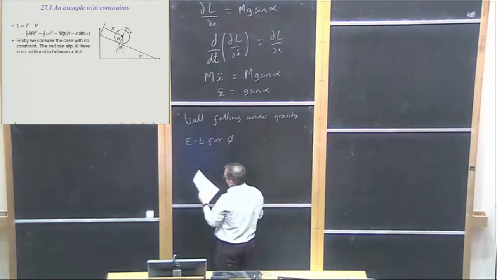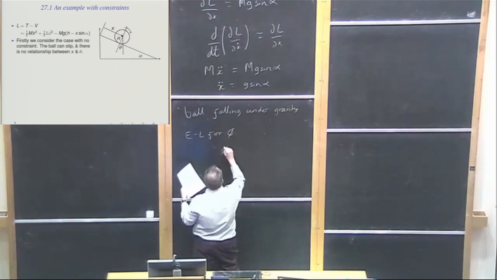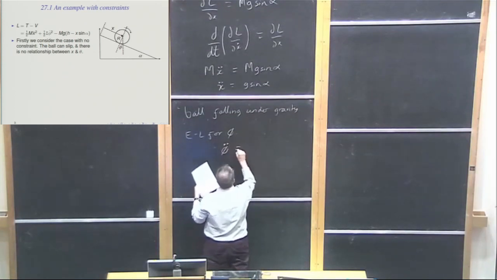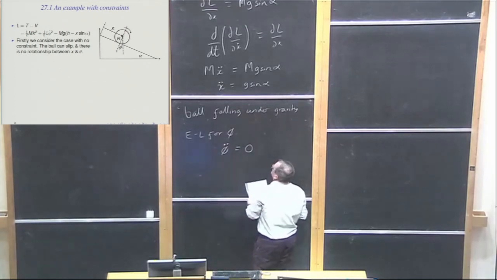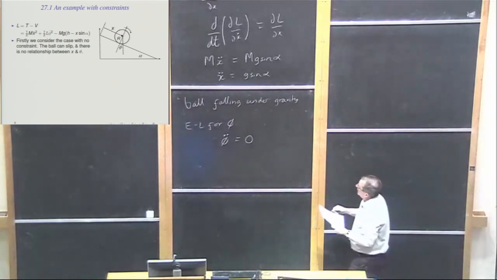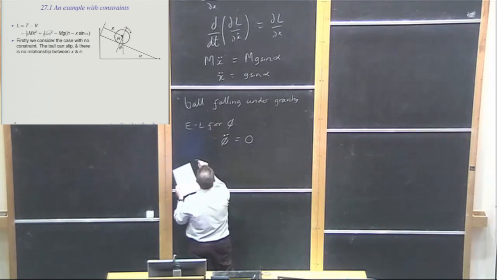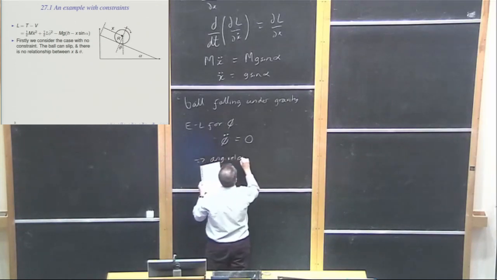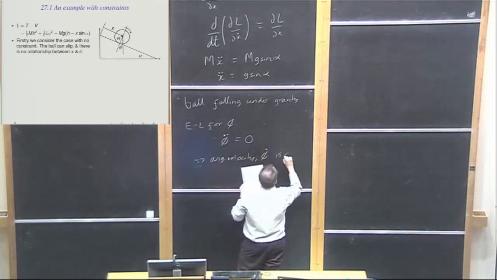So all we get is that phi double dot is equal to 0. Okay. So this tells us that the angular velocity phi dot is constant.